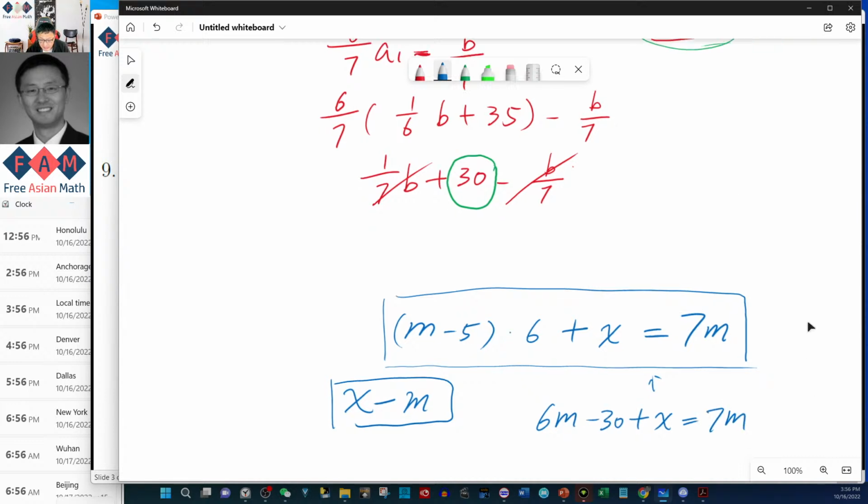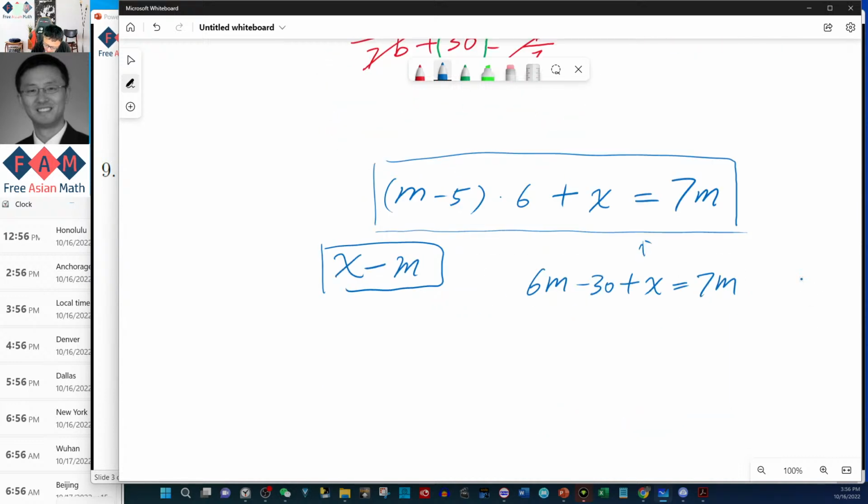This is admittedly much quicker because now you can see that you already get 6m, 7m right here. So if you subtract 7m from both sides or move 7m to the left, you get x minus m equals 30 immediately. Okay, so what is the big deal here?